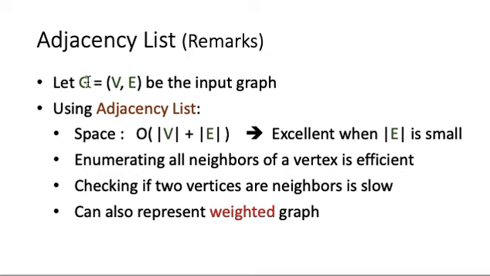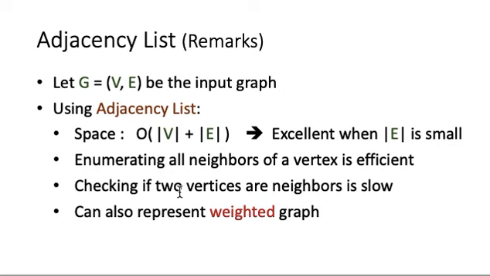To represent a graph with V vertices, you need V space, and for E edges, you need at least E space. So it is quite good, linear space, and it is excellent when E is very small. Also, using the adjacency list, if we want to list out all the neighbors of a certain vertex, it is very efficient. We just access the corresponding list.